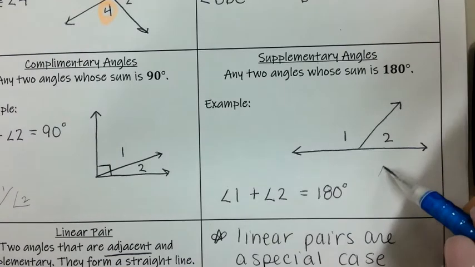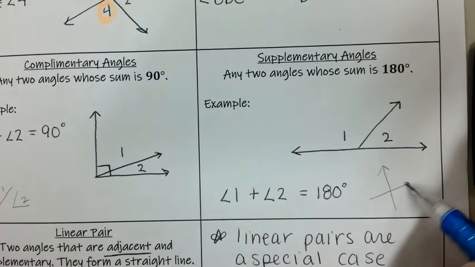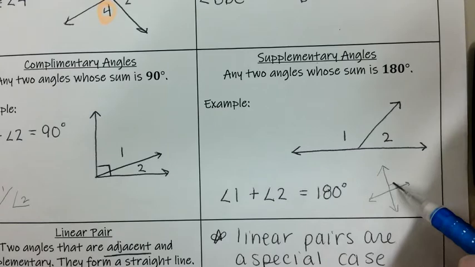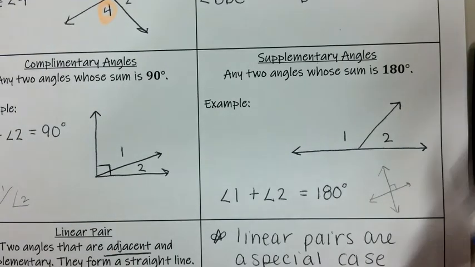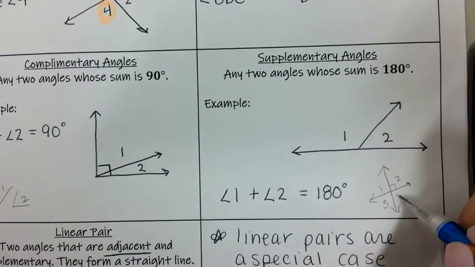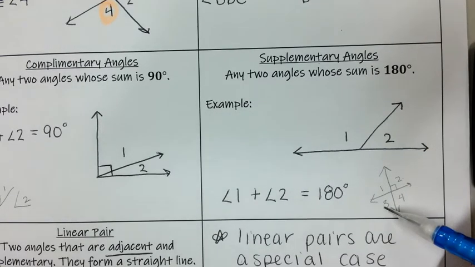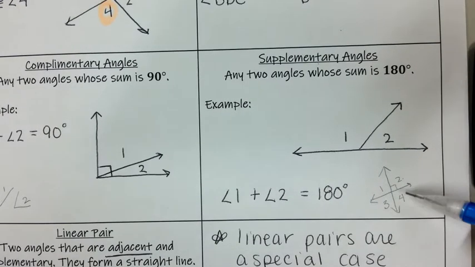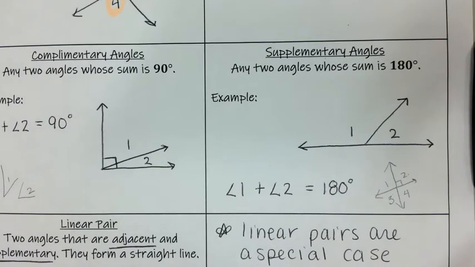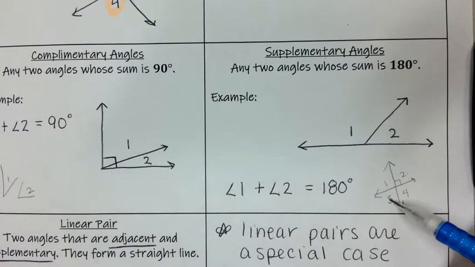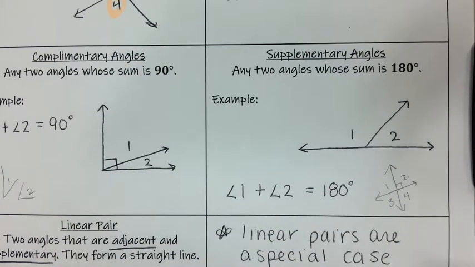An example, though, is if you have perpendicular lines, which means they make a 90-degree angle, and we label those angles. Angle 2 and angle 3 are supplementary angles because this is 90 and this is 90, and 90 degrees plus 90 degrees is 180 degrees. So 2 and 3 here are supplementary angles. They are also vertical angles because they're across from each other.